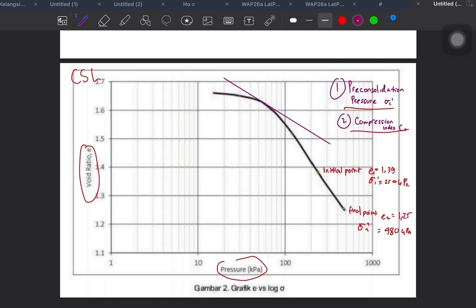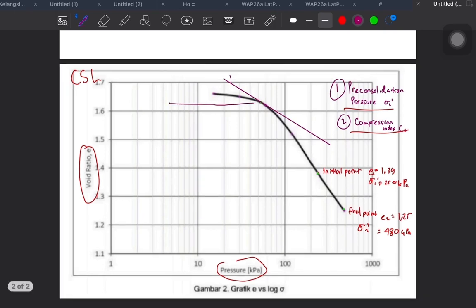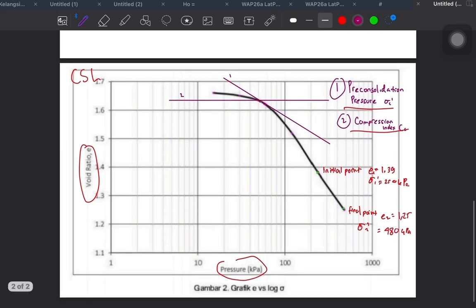Next step, you have to draw a horizontal line through the same point, like this one. Next you have to divide the angle between those lines into two equal parts, so the bisector will intersect the virgin compression line.